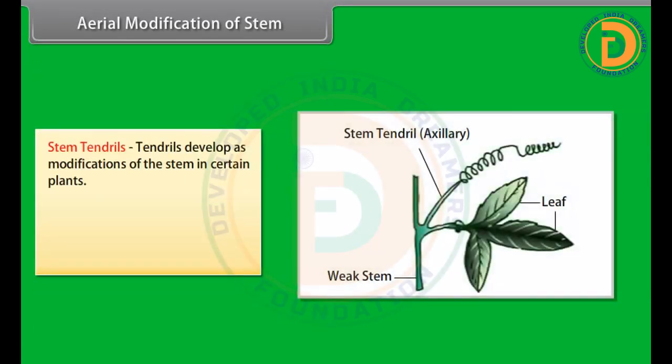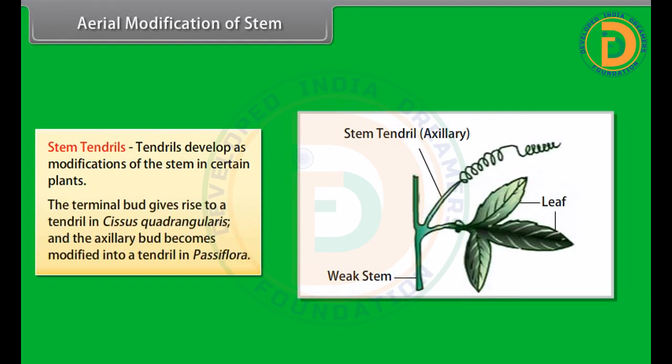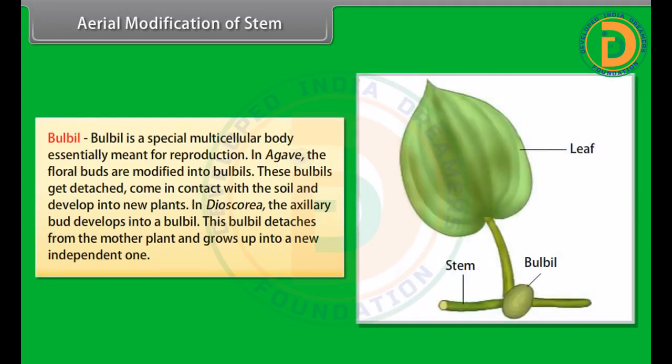Stem tendrils. Tendrils develop as modifications of the stem in certain plants. The terminal bud gives rise to a tendril in Cissus quadrangularis, and the axillary bud becomes modified into a tendril in Passiflora. Bulbil.